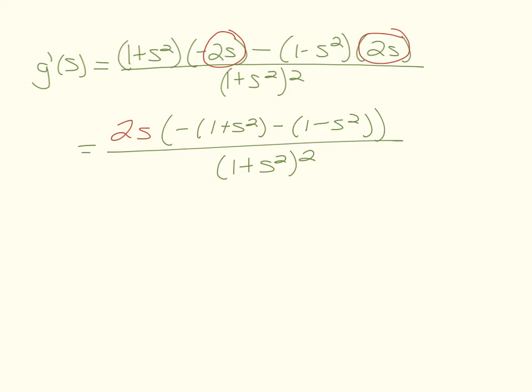The last couple things we need to do is simplify what's inside this set of parentheses here, and then see if we can cancel anything in the top and the bottom. When you simplify everything inside this set of parentheses, you are left with a negative 2. So we still have this 2s in the front, but everything inside that set of parentheses becomes negative 2.